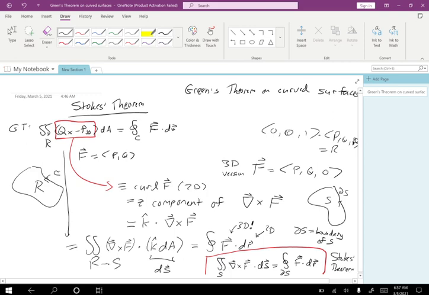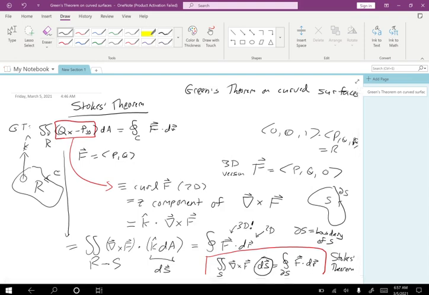And I think it's worth noting why we are allowed to use dS here. That's because the normal vector of a planar region just points up. K hat is actually the unit normal vector of our surface, because our surface is planar.